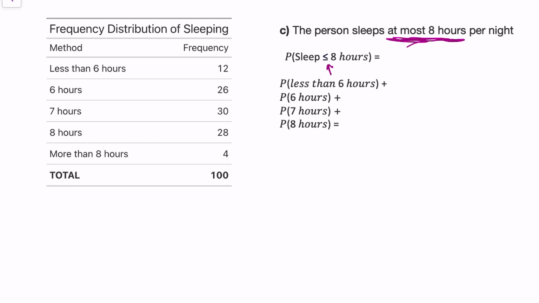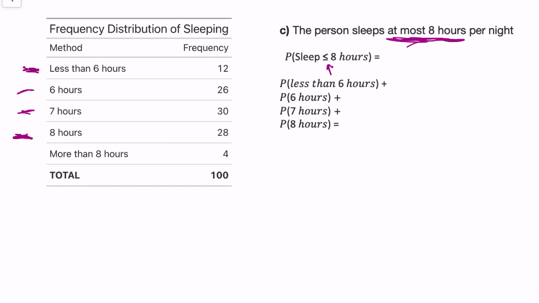Sometimes what's really stopping students is the keywords. They don't really know how to relate it to the symbol. So I have a table for that in my notes. So at most 8 hours, that's going to include this category. Less than 6 hours, then it's going to include the 6 hours, the 7 hours, and remember it does include the 8. So it's going to include that category as well.